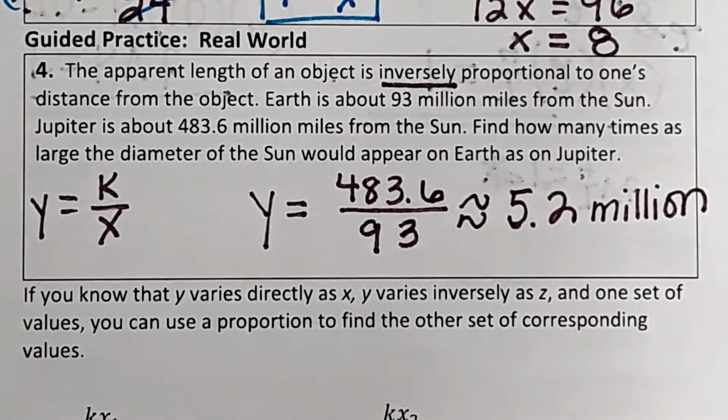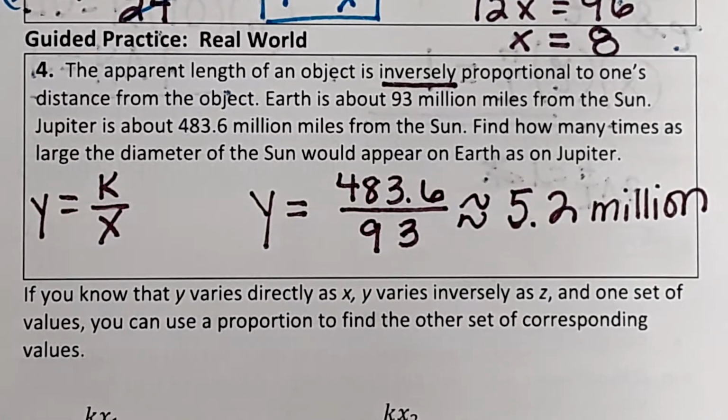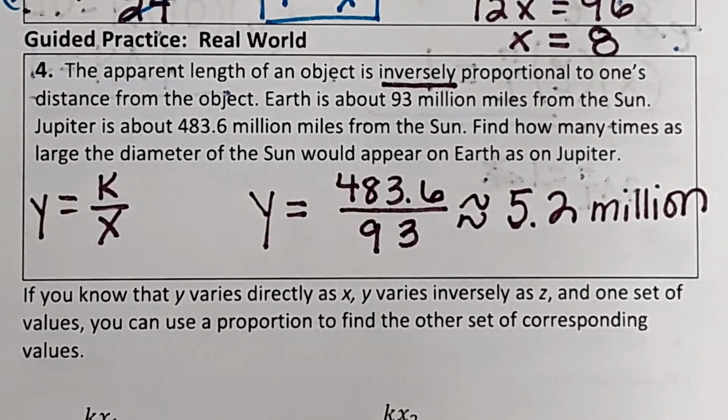And that's your answer. It's roughly, so it's about 5.2 million. Even though in your calculator you came up with 5.2 million, just leave it, put it approximately, okay? You ready for the last one?